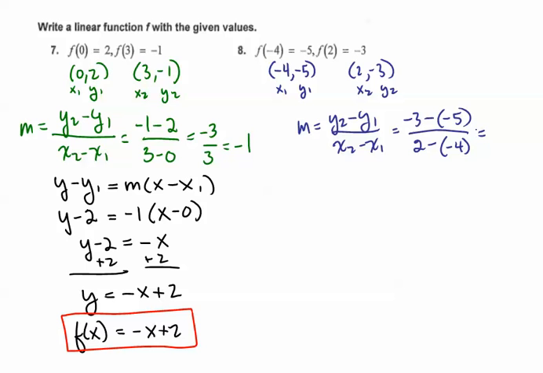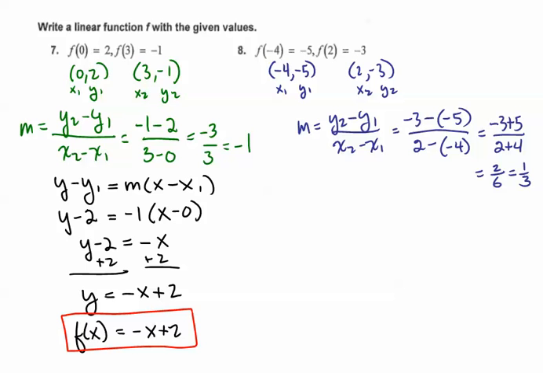So that becomes negative 3 plus 5 and 2 plus 4. So negative 3 plus 5 is positive 2 over 6, which is a slope of 1/3.